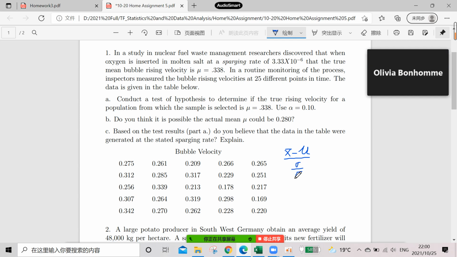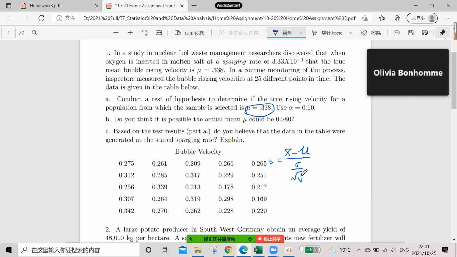Remember, this is always the formula of how to calculate a t. You use the difference between the mean: here, x bar is the mean of these 25 observations, and mu is the value we want to test, in this case 0.338.